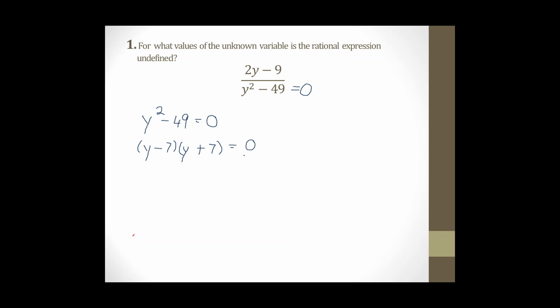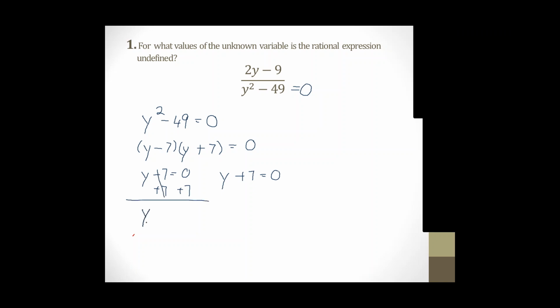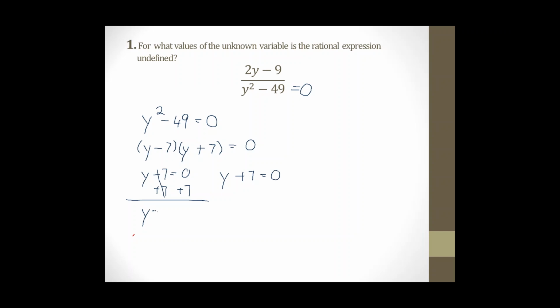Okay, I'm not done here. I take each part and set it equal to 0. So y minus 7 is equal to 0, and also y plus 7 is equal to 0. I solve for y by adding 7 to both sides, which leaves y equals 0 plus 7, which is 7.